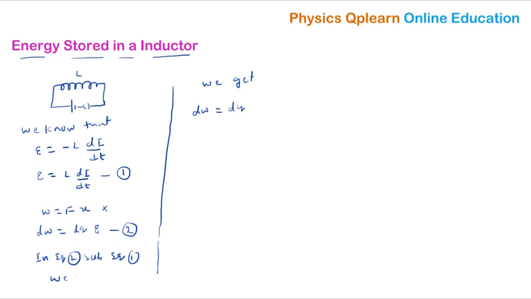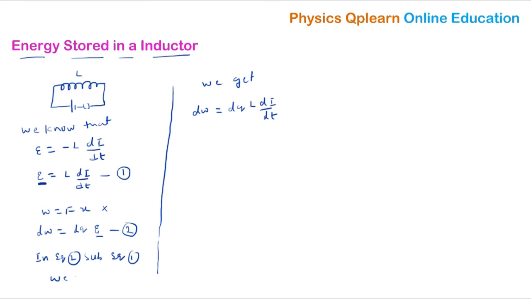In the place of EMF or voltage, you substitute E, which is L into di by dt. So that is L into di by dt.